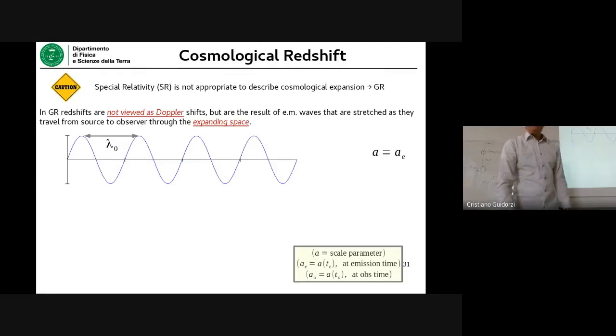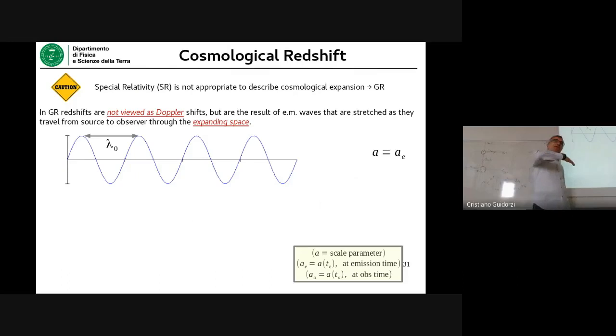But the redshift is also very important in cosmology, or whenever you want to measure distances of objects out in the universe. And this is called cosmological redshift. Here there's an important point to make, because all of you know that the universe is expanding, and this expansion can be described by Hubble's law.